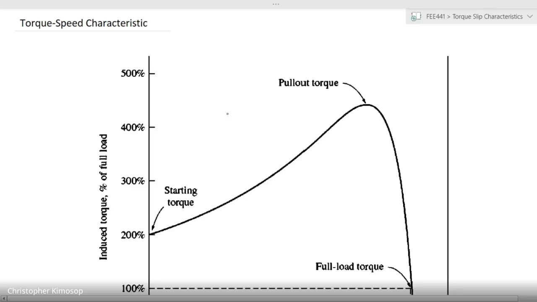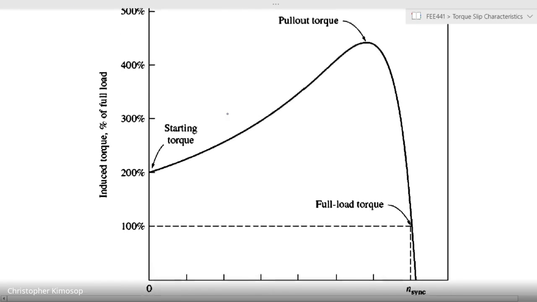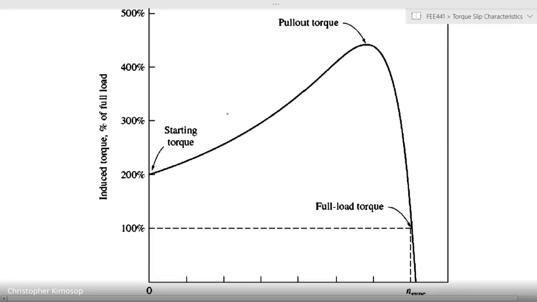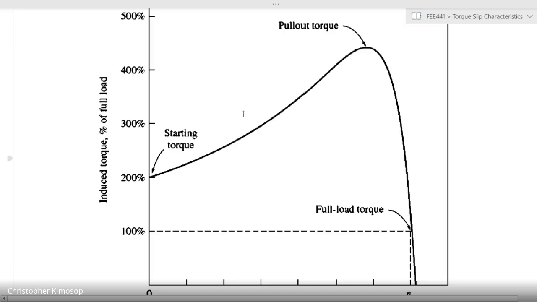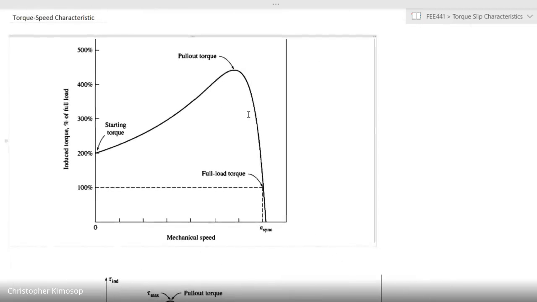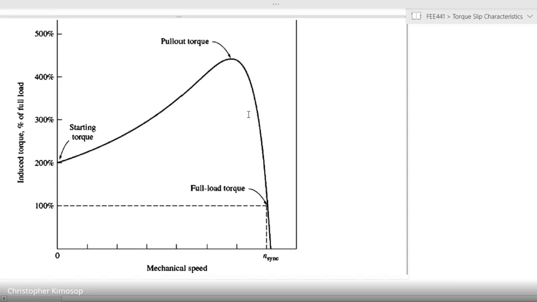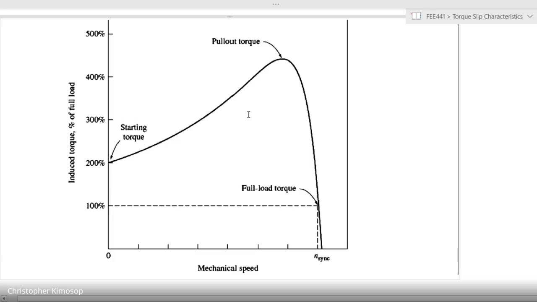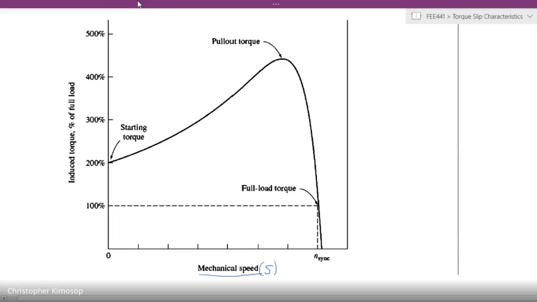If you map out the formula that we have given there, let me zoom in so this will fit, it gives you this representation of the two related to each other. So you can see we are looking at mechanical speed below here, but this was represented by slip, okay, in the formula. And of course, induced torque is given on that end.